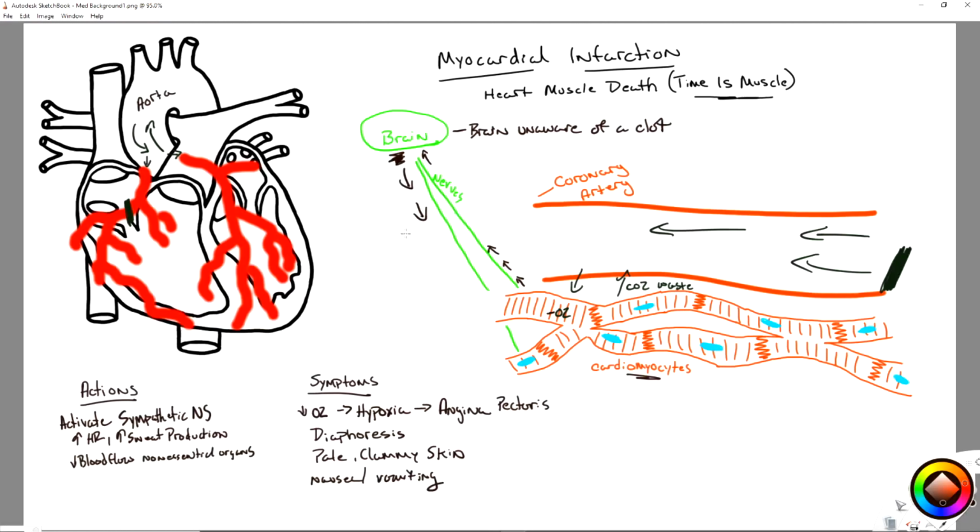Which, because these nerves are also connected to different sections of the body, you might also get pain, a referred pain, in your arms, okay, your jaw, your back, okay? You could even have abdominal pain, okay? This is these nerves collecting all these pain signals from the heart muscle, but transferring it into signals that are carried through the arms and all these different places because all these nerves are connected.